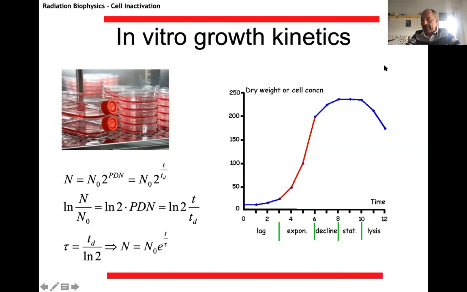So irradiating the cells in G0 is practical because it represents a lot of normal tissue. Irradiating them in exponential phase, though, gives you an idea of the different sensitivity of the different phases of the cell cycle.